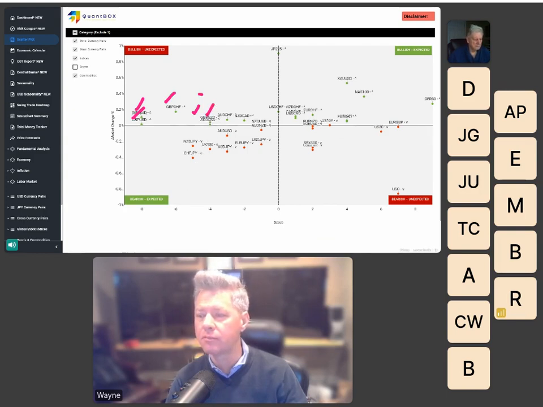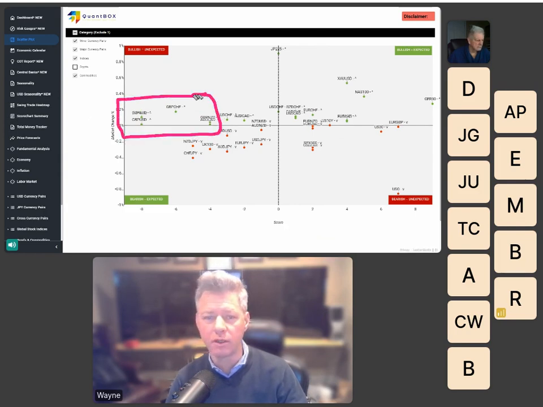There's a pound here as well. So pound is relatively strong, but for a pound pair, we would expect them to be down here in the bearish zone. So they're having a good up day. So maybe you focus on that or you avoid it, but at least you know about it.